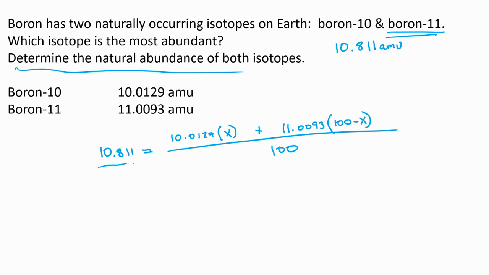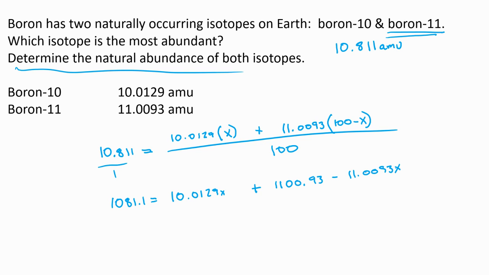Now I'm going to cross multiply first. And when I cross multiply, here's what I get. 1081.1 equals 10.0129x plus, and I need to distribute, 1100.93 minus 11.0093x.